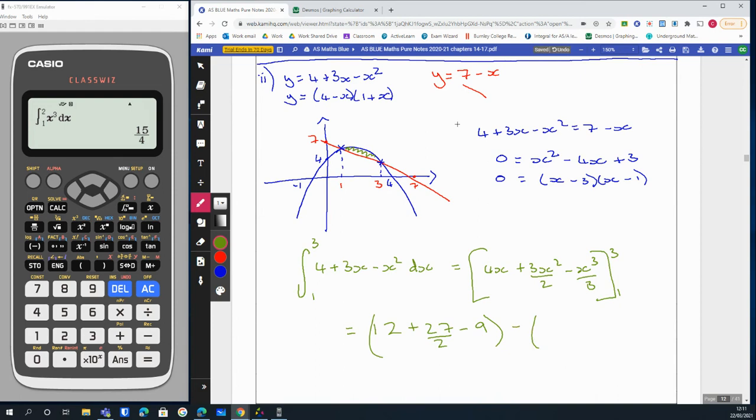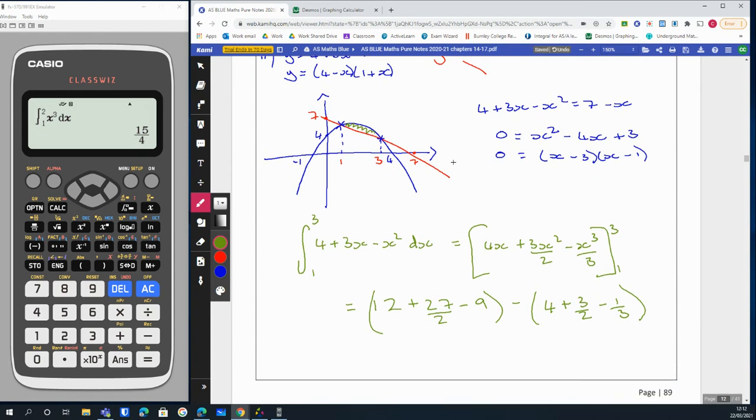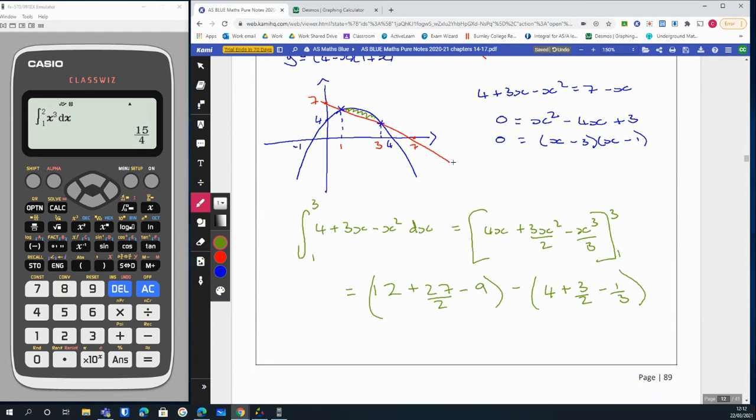And then I put 1 in, 4 plus 3 over 2 minus a third, which is going to give me 33 over 2, 31 over 6. So the area that we get between the x-axis and the quadratic is 34 over 3.